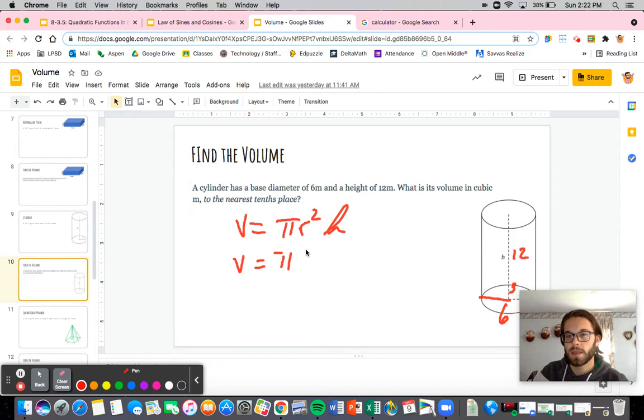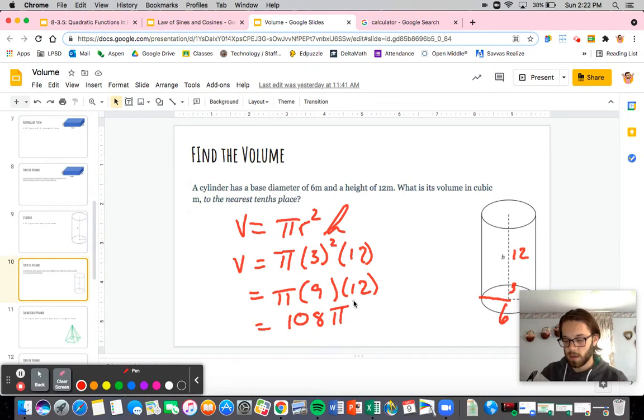Pi times 3 squared times 12. 9 times 12 is what? 108. So we have 108 pi, right?